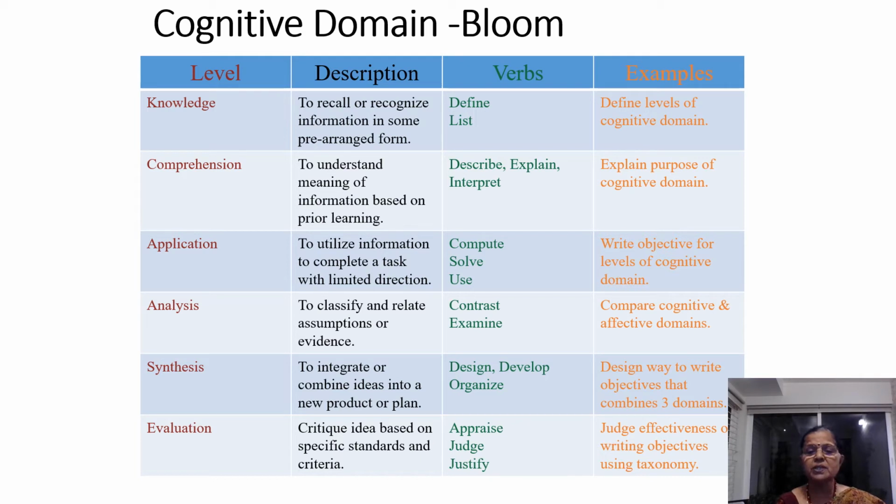And if you are able to give some examples, or if you are able to explain something, which level are you in? You are in the second level, that is comprehension. The other name for comprehension is understanding. So if you are able to explain something, or give examples, that means you have understood that concept.